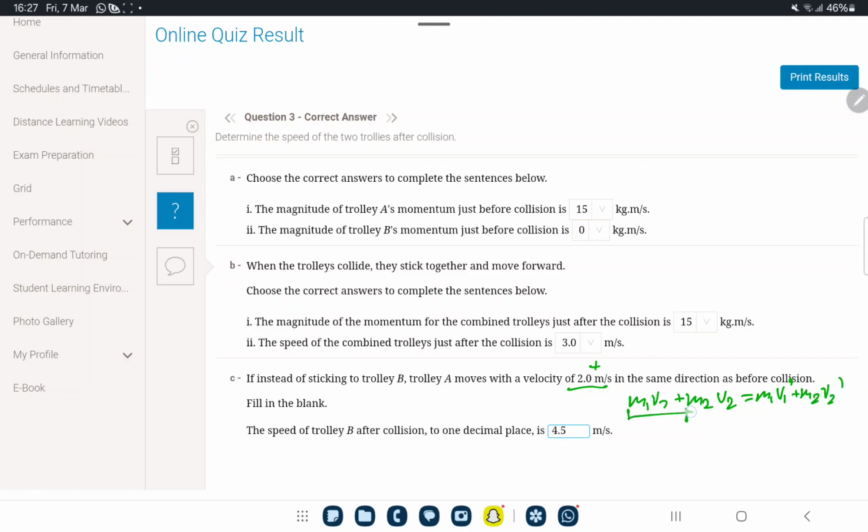We already know that this part is 15. m1, cart A, is 3, and velocity 2 they said, m2 is 2, and v2 we're gonna say x. So 15 equals 6 plus 2x. You move it to the other side, so 15 minus 6 equals 2x. 9 equals 2x, and you divide by 2 on both sides for 4.5 equals x.